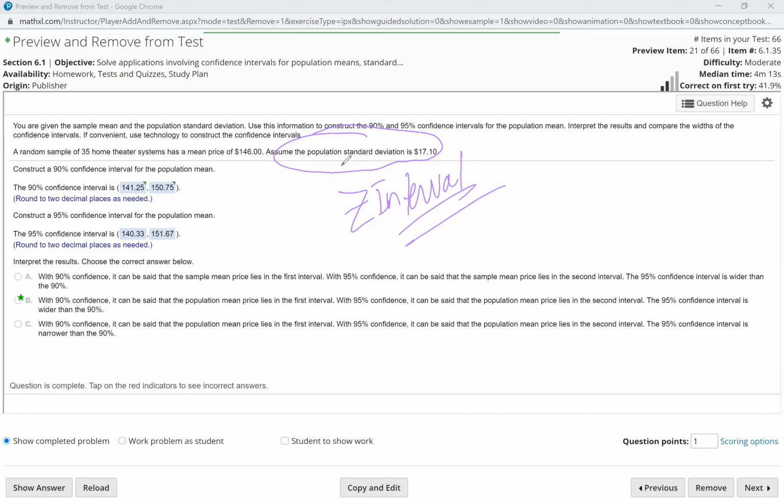So if the population standard deviation is given to you, you use the Z interval. You provide sigma, you provide X bar, you provide N, and you provide the confidence level, and you get it done. He's asking you to do 90 and 95%, so you just do it one time for 90, another time for 95%. Let's go to the next one.